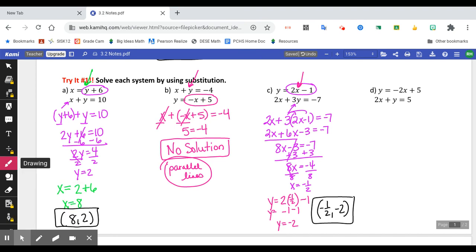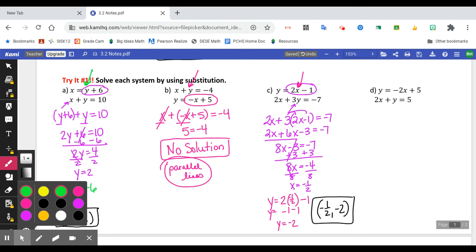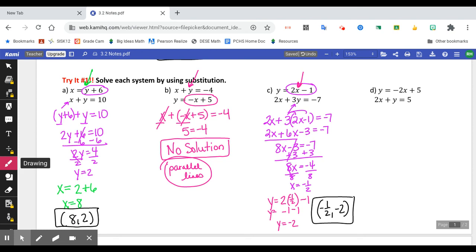Okay, hopefully you're doing okay. Let's go to the last one here. So on the top, we have our y equals. So I'm going to circle that. It's going to go in for y in the bottom. So 2x plus y comes out, and I've got negative 2x plus 5 equals 5. Combine like terms.